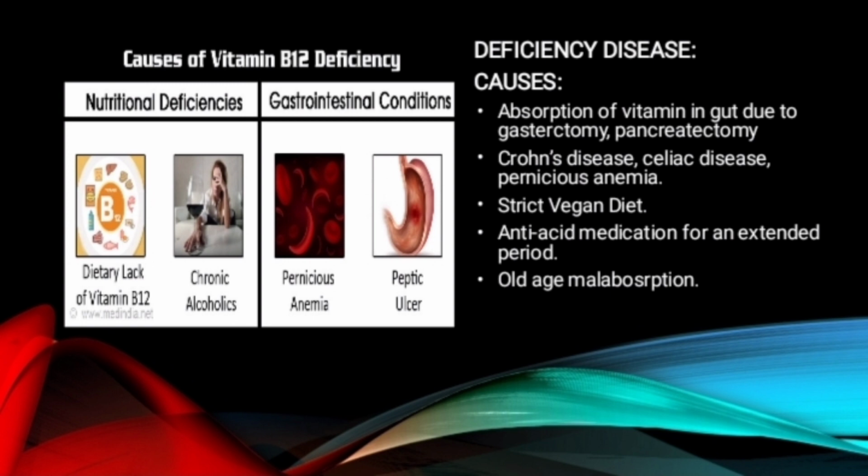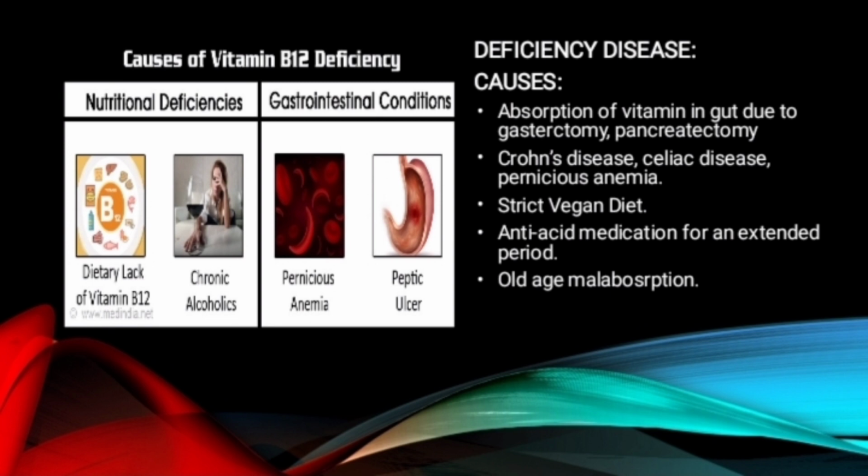In fact, folic acid, by masking the hematological manifestation of B12 deficiency, may not only mask the diagnosis of pernicious anemia but may aggravate the neurological damage.